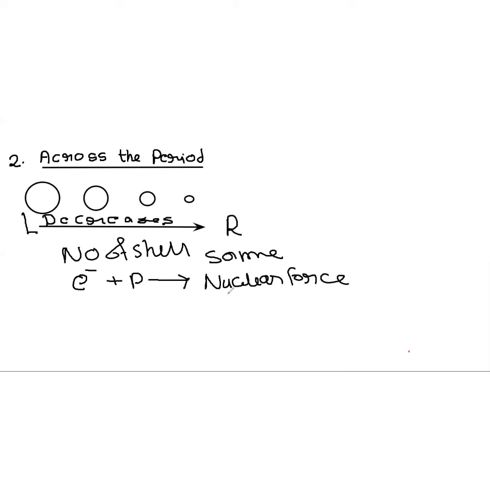And you all know that protons are much heavier as compared to electrons. So electrons are pulled more toward the nucleus of an atom, which means the size of an atom decreases. So when we move left to right, the size of an atom definitely decreases.